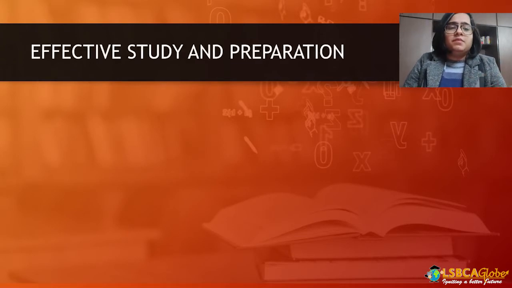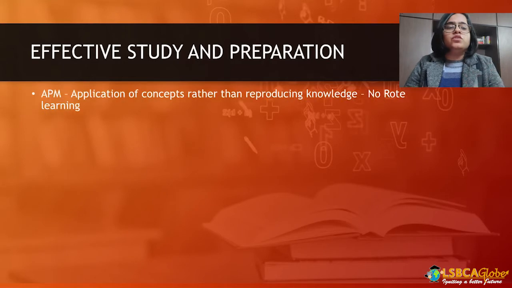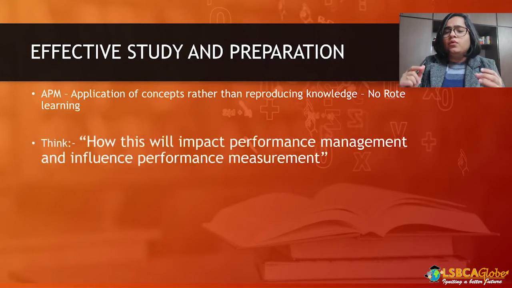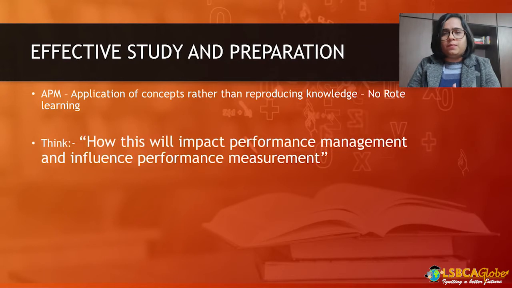Now for the APM exam, you have to learn about the application of your concepts to a particular scenario rather than just reproducing your knowledge. So rote learning is not going to get any marks in this paper. So while reading about any particular concept or model, think about how this will impact the performance management and influence the performance measurement of an organization.